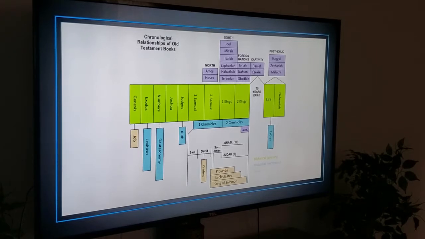But those two books are not part of the direct history. They give you some insight, they expound and give you more information. But if you just skipped those and went to Numbers, you'd still get the whole story without any gaps that would leave confusion. During the time of the Judges, you've got Ruth.